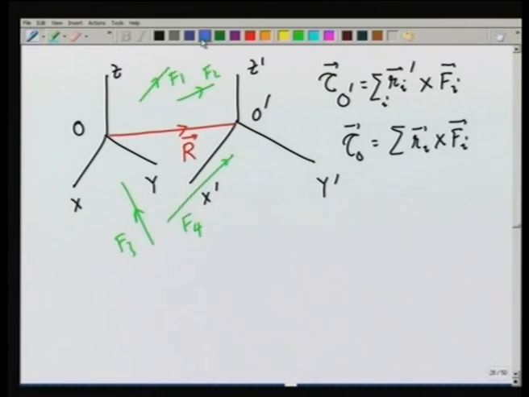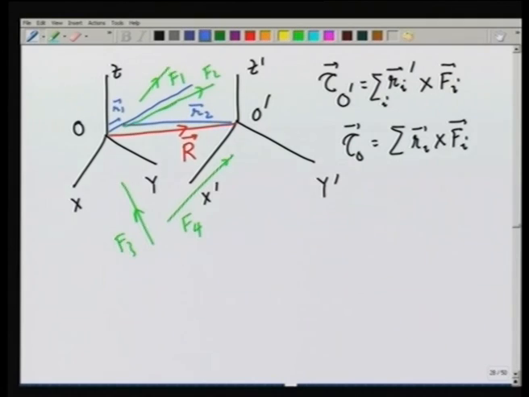Let me draw them in blue, touching at the same point. So, let us say if I extend this force like this, this could be R1, this could be R2, and up to this point this is R1.